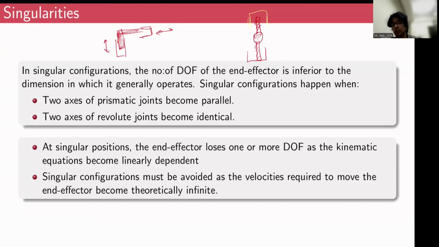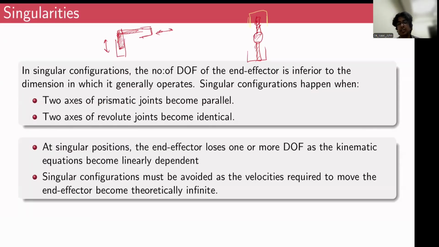Instead of two independent motions, if you move the first prismatic joint, you will get the vertical up and down motion. If you move the second prismatic joint, you will still get the vertical up and down motion. So irrespective of which joint you move, you will still get the same motion. So you have essentially lost the degrees of freedom from 2 to 1.